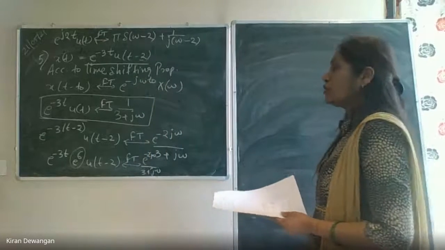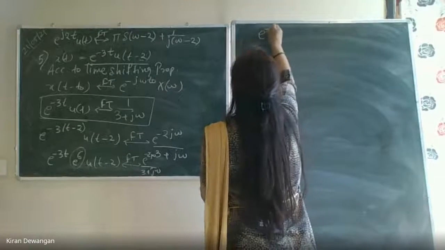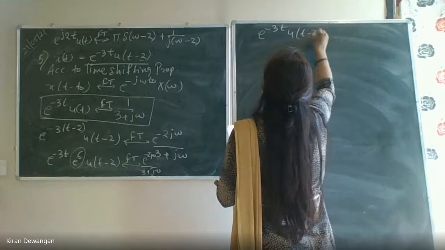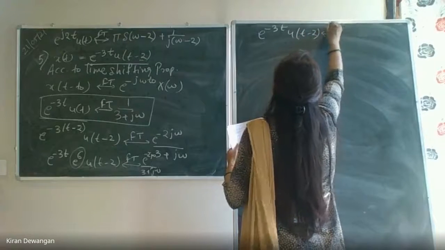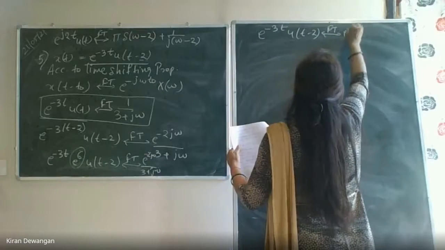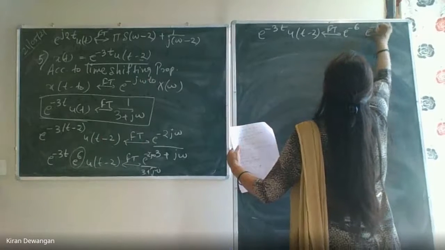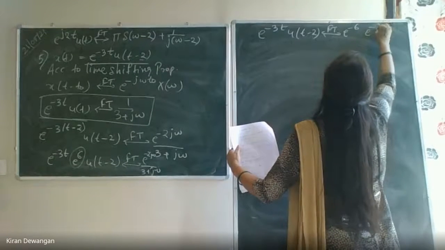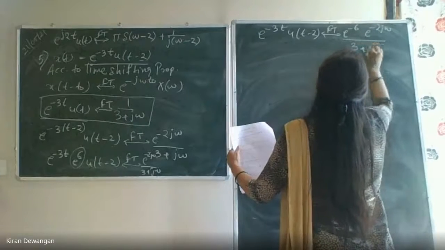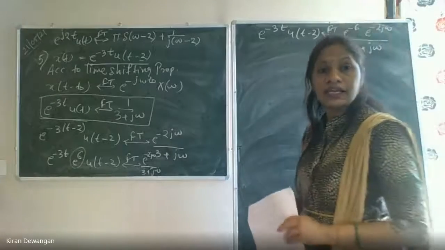That is e to the power 6, if divided on both sides, then e to the power minus 3t into u of t minus 2 will have the Fourier transform, what is it? e to the power minus 6 gets multiplied into e to the power minus 2j omega by 3 plus j omega. According to what? According to the linearity property.